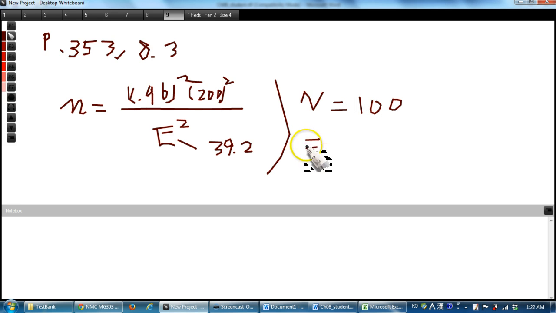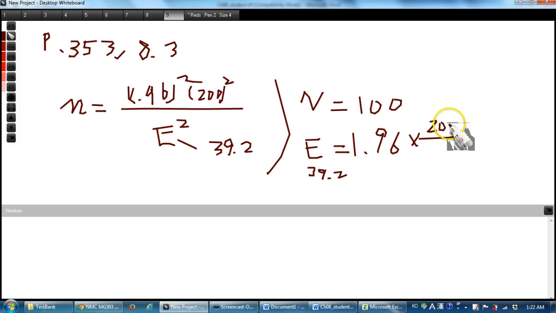So E is 39.2, and I'm talking about page number 353, where E is equal to the confidence coefficient, in this case 1.96, multiplied by the 200 tons standard deviation over root n.